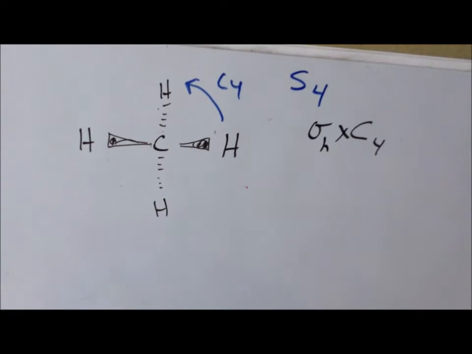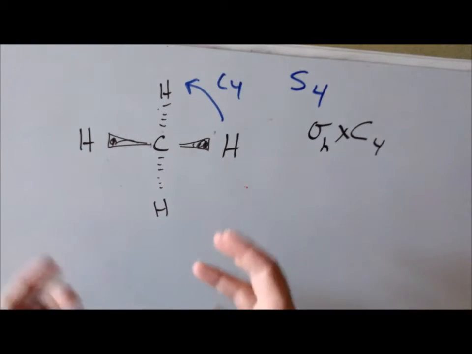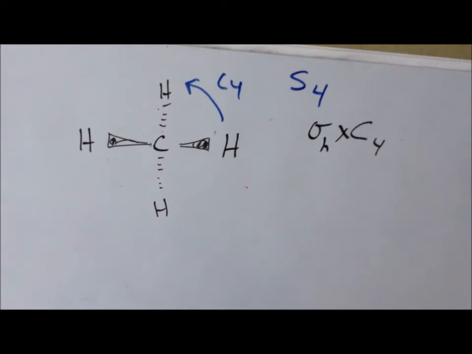In this case, the mere fact that we already have a C3 means that, as far as determining if there's going to be degeneracy in the molecule, we don't even really need to look for the S4. And we don't need to specifically look for the S4 to recognize a tetrahedron. However, there are molecules for which the high order proper rotation axis is only a C2, but it has an S4 improper rotation.